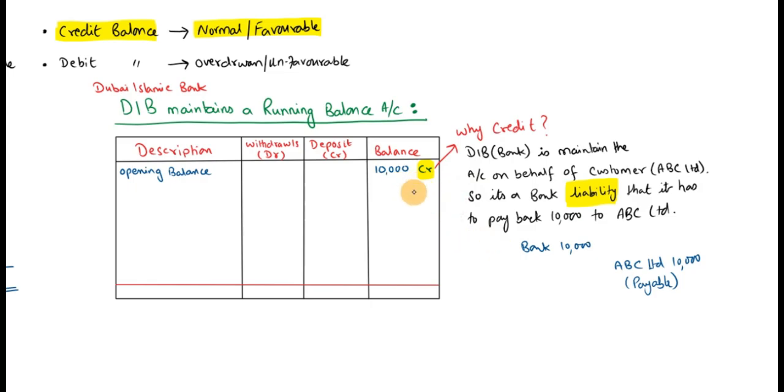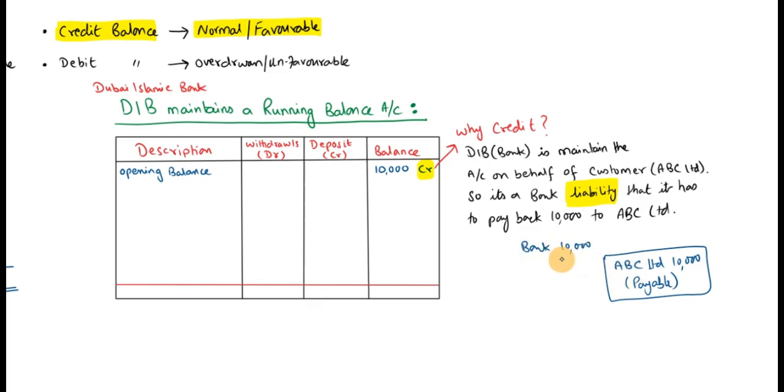Okay, now is it clear? Have you understood? Yes. So the bank is payable. That's why the bank credits 10,000, because the bank feels liable.